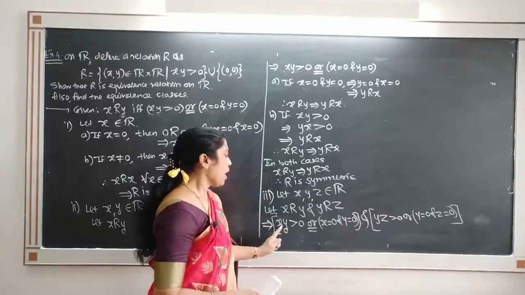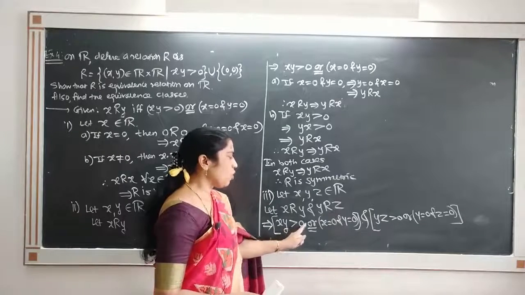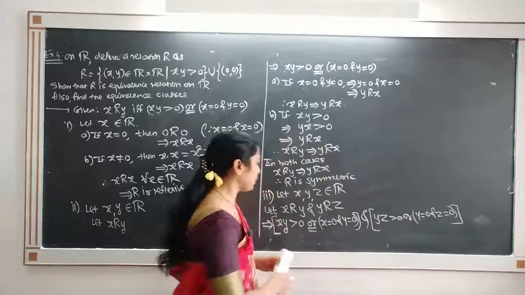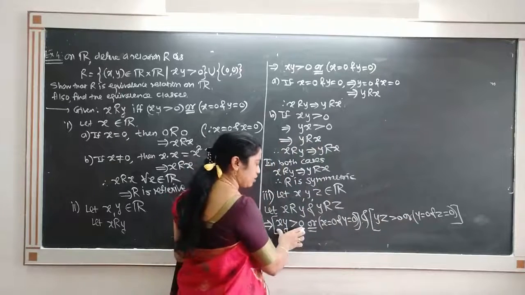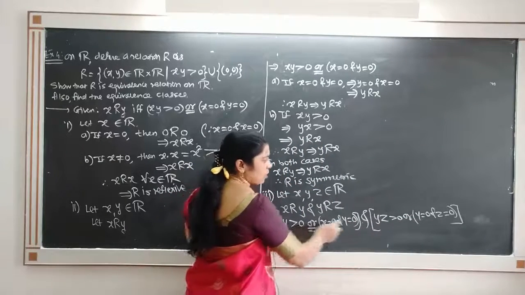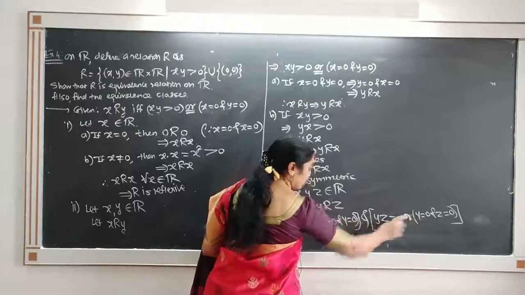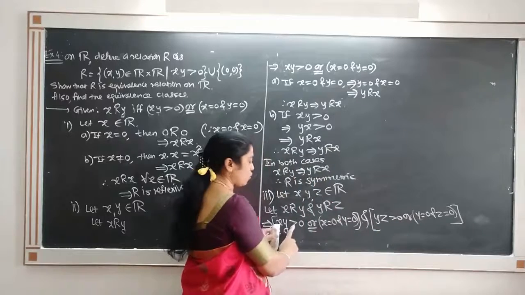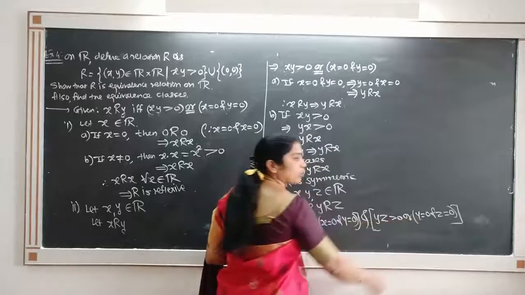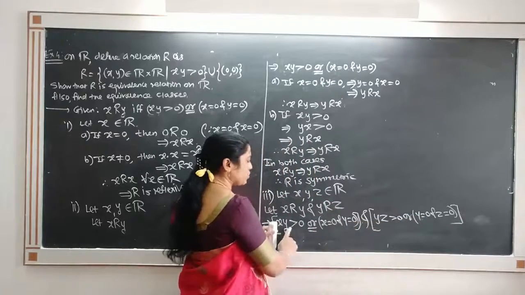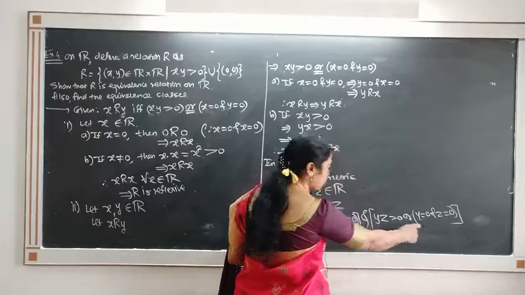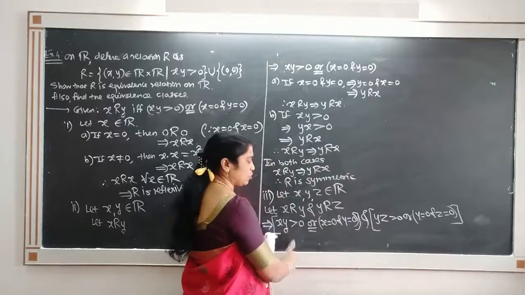Now see, xy is greater than 0 or this will happen. And yz is greater than 0 or this will happen. If xy is greater than 0, then this will not happen, because if y is 0, xy is not greater than 0. So the first and last cannot happen together, because when xy is greater than 0, if you assume that y is equal to 0, xy cannot be greater than 0.